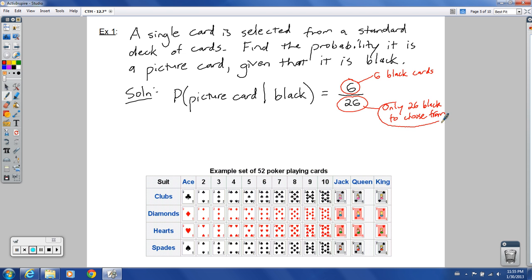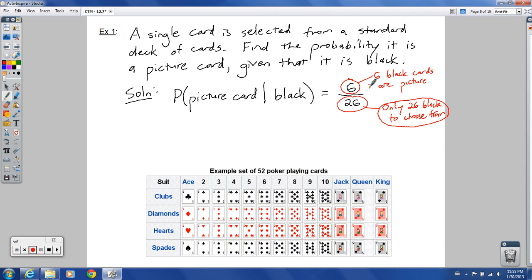There we go. So that's where the 26 comes from. It's not out of 52 because you are given black. Black has to happen. So 26 black cards to choose from, and 6 black cards are picture cards.